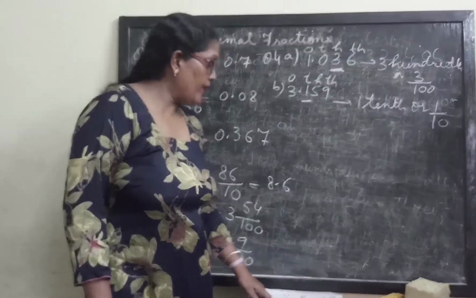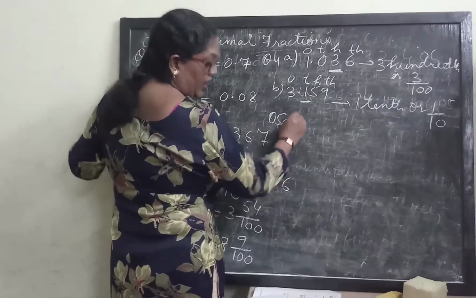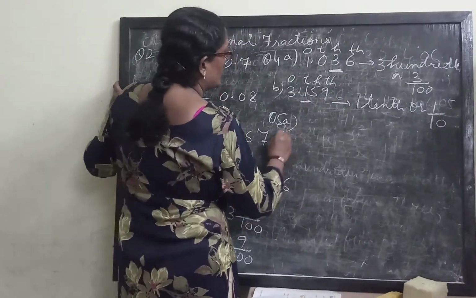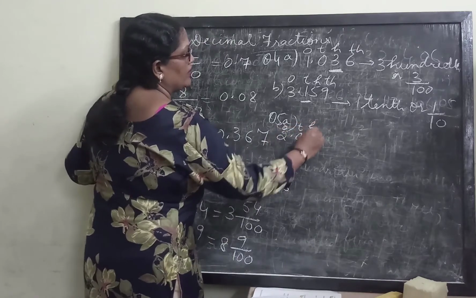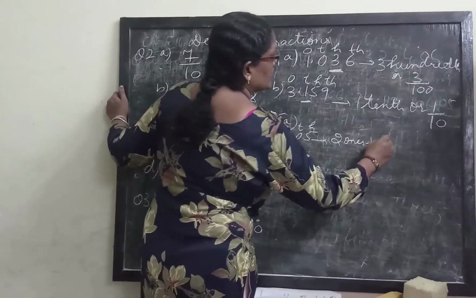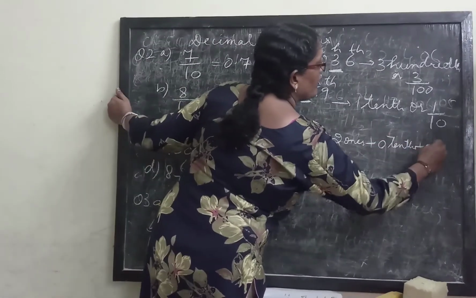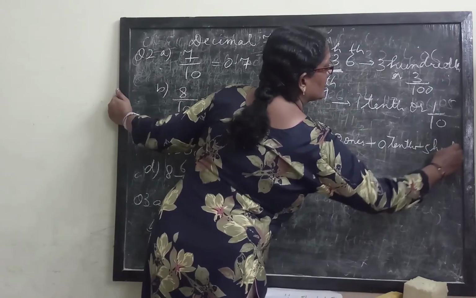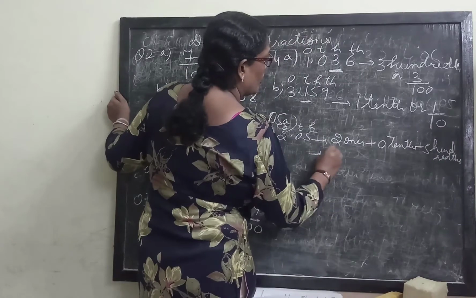Write in expanded form. Question number 5, A part. Expanded form is very easy. Students, see here, this is ones, 10, 100. You will write 2 ones plus 0 tenths plus 5 over 100.